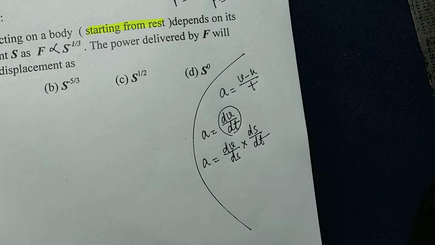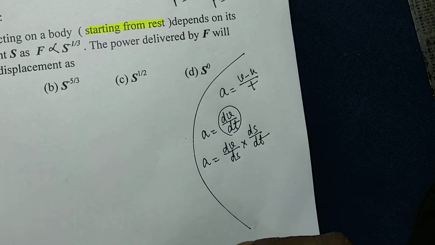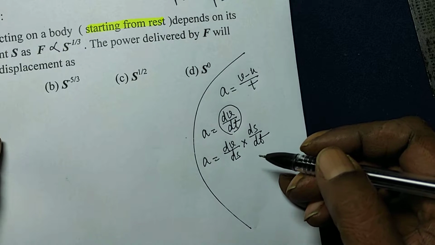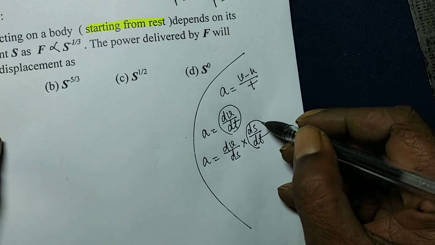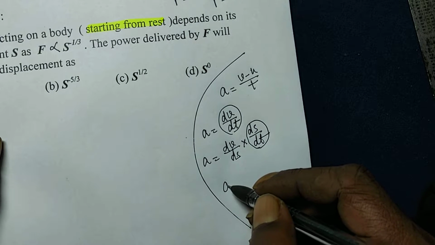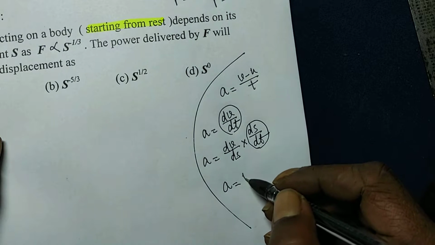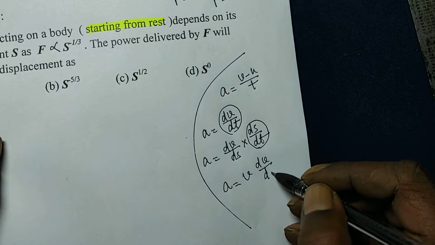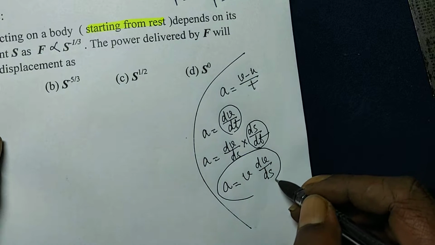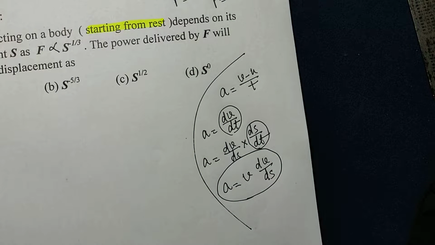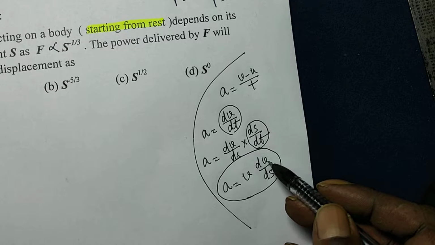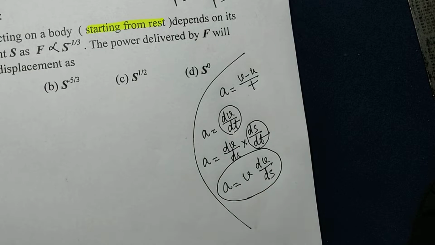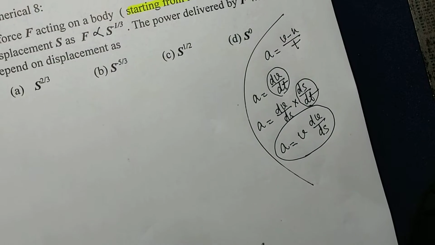By doing so, this part becomes velocity. So your acceleration is equal to v dv over ds. This is what is important. Acceleration is v times how the velocity is changing with respect to displacement. This will be used while solving this problem.